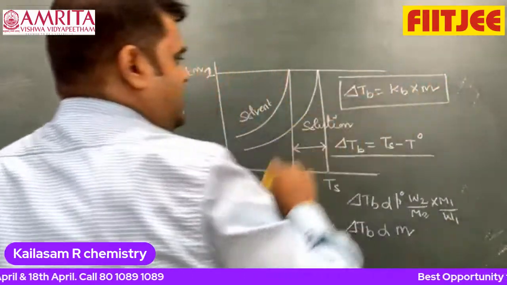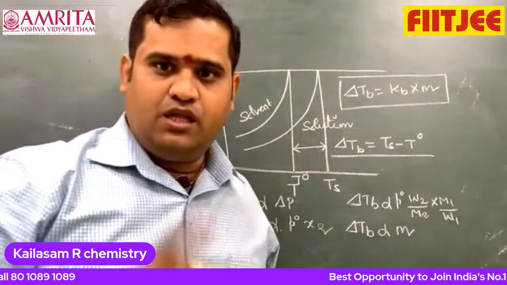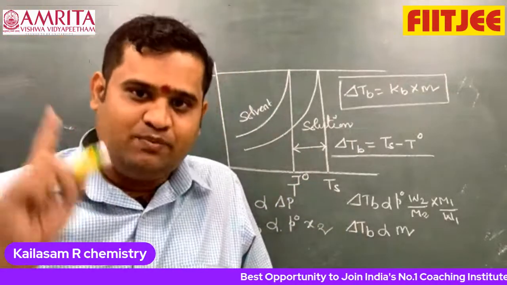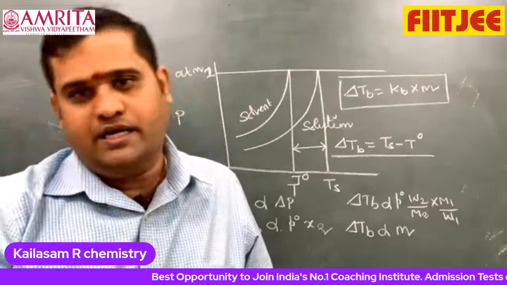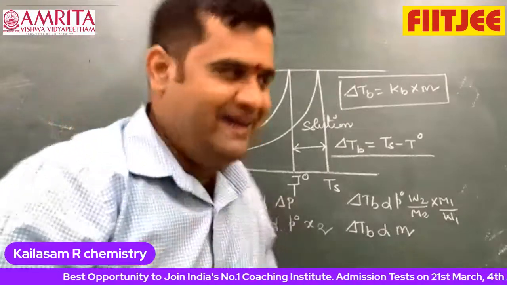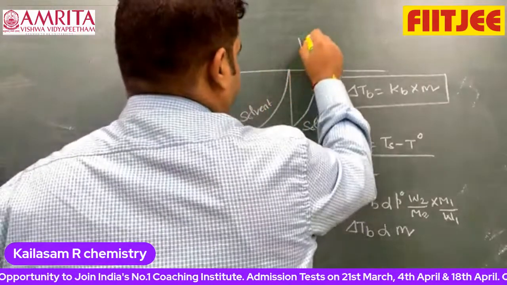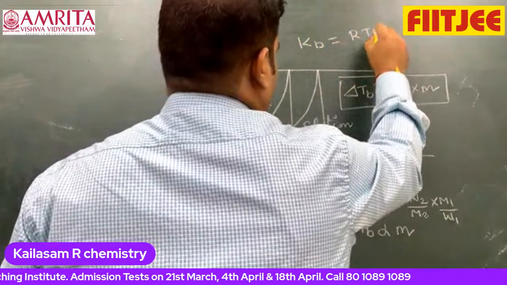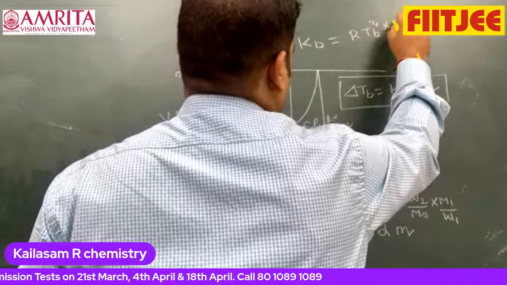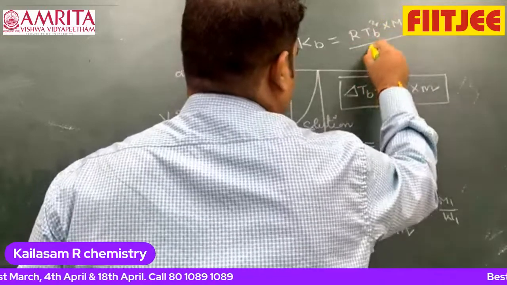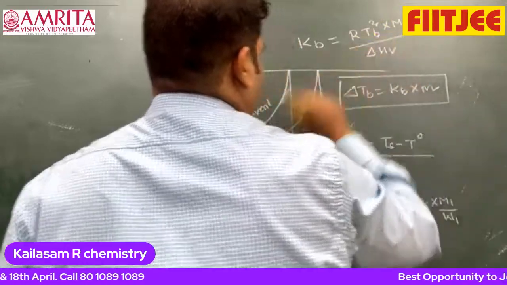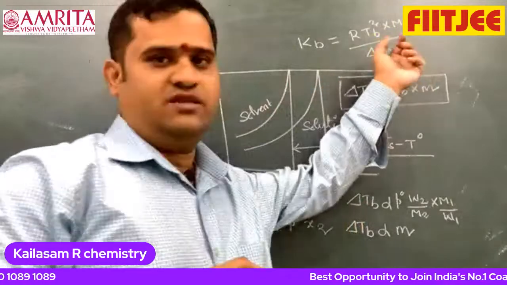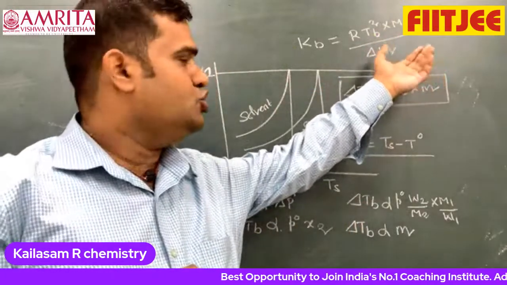KB is the molal elevation constant and depends on the nature of the solvent. We can write KB as R TB squared into M1 by delta H vaporization. If you multiply by 1000, the unit will come in joules.